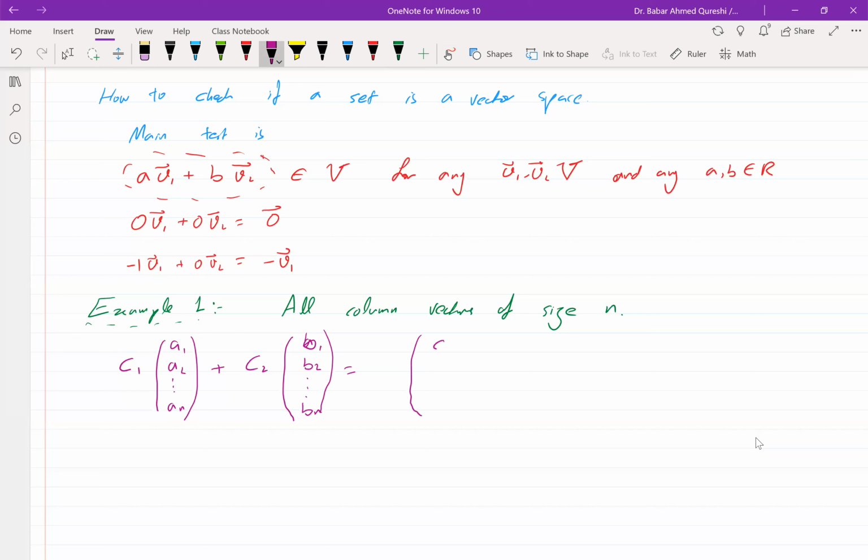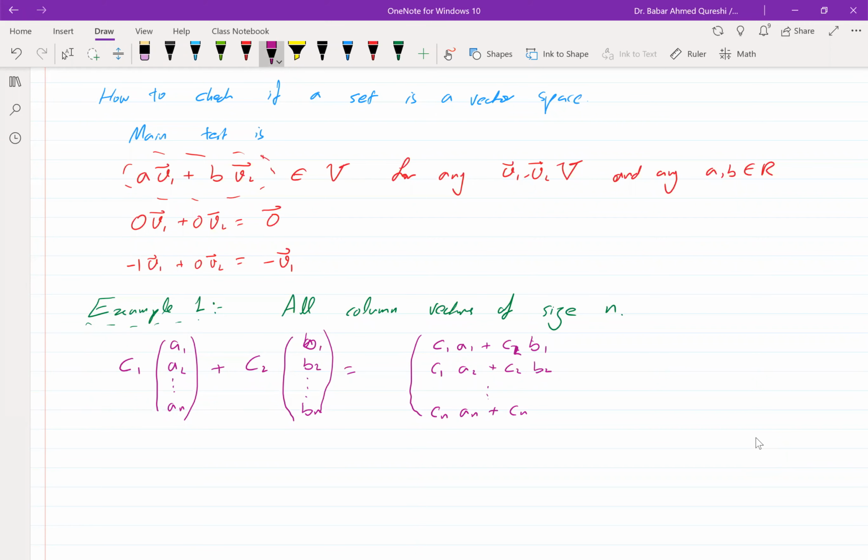This is equal to, by the rules which we have set out for the column vectors, sorry, this is C1, this is C2.